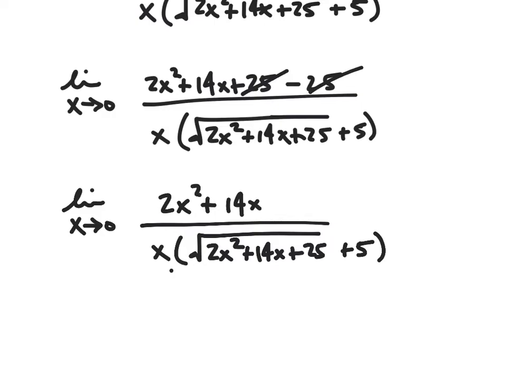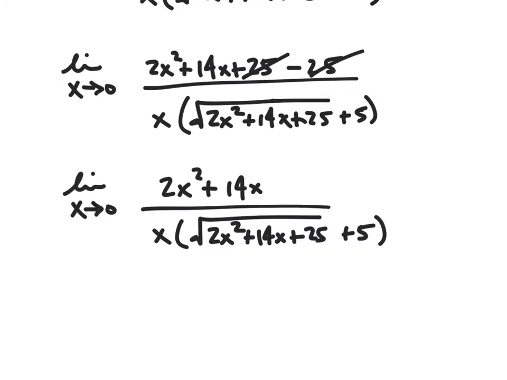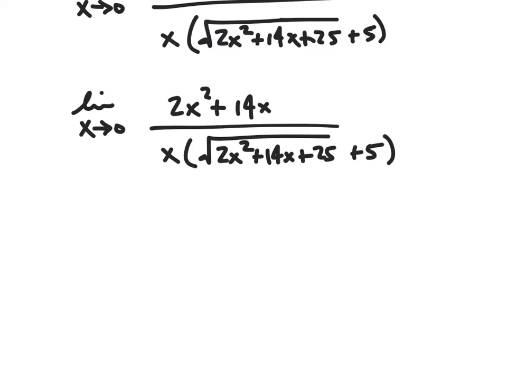All right, so now at this point, what I can do is factor out an x from my numerator. You could factor out a 2x, but you don't really need to do that at this point. So let's just factor out an x. And this is going to allow us then to do direct substitution.